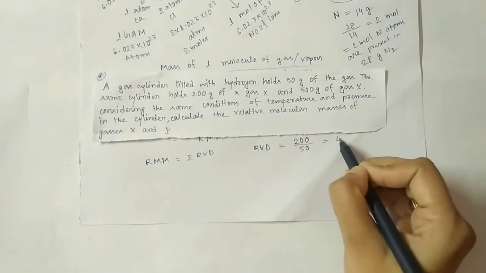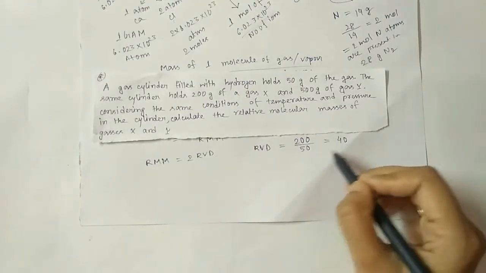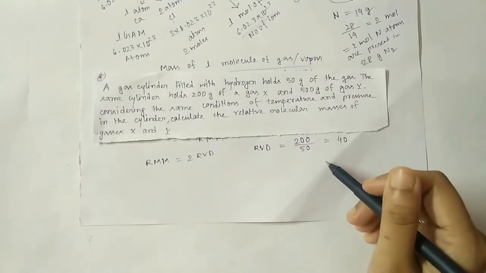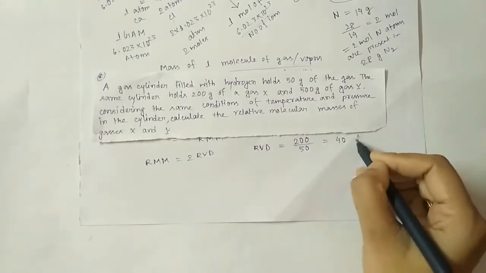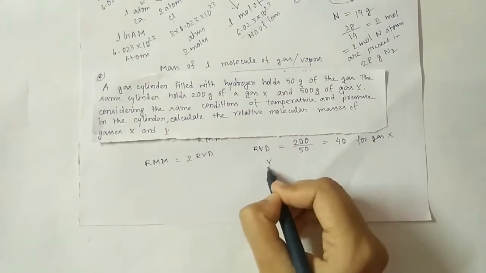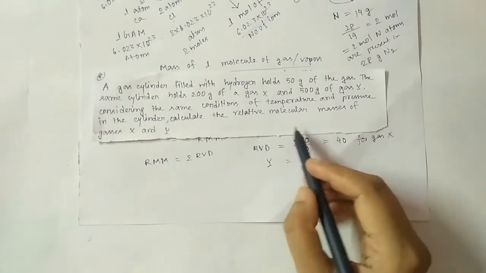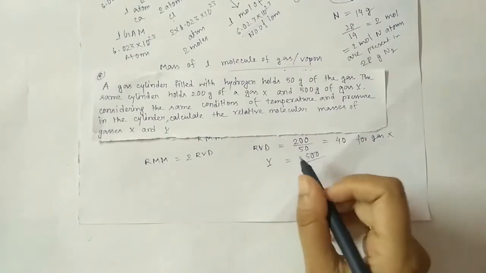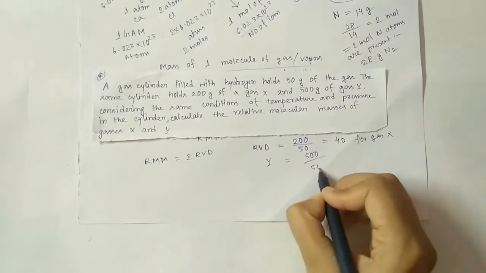So it will be 40 relative vapor density. Now relative vapor density has no unit because it's a ratio. And again gas Y has 500 gram and here hydrogen has 50 gram.